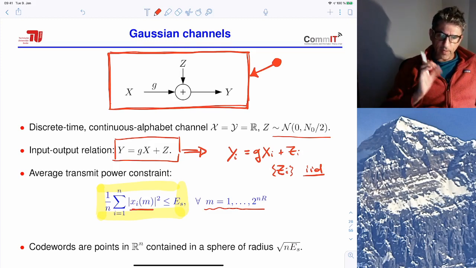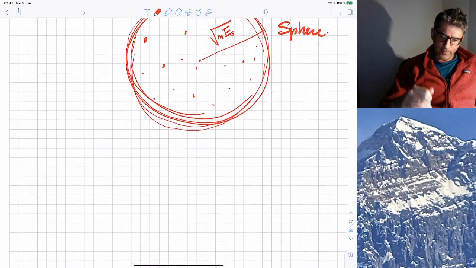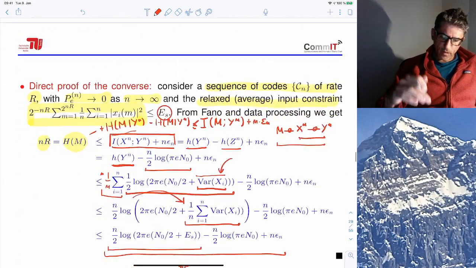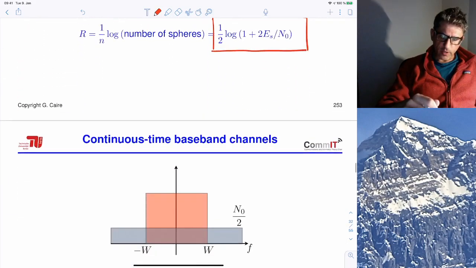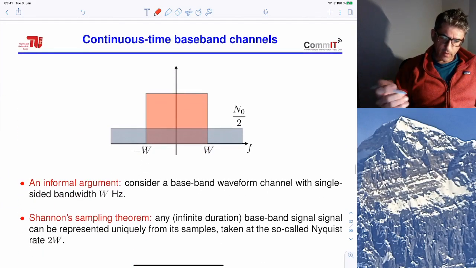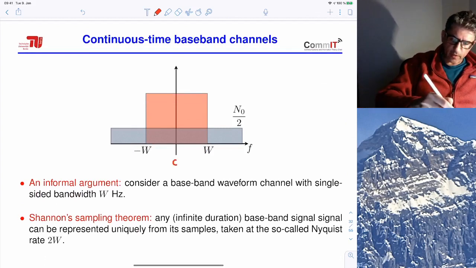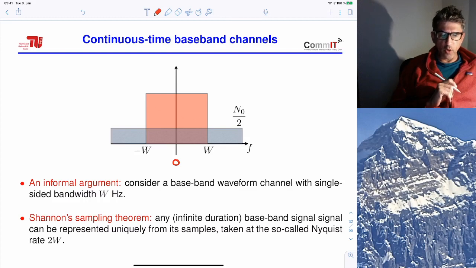Now we can relate this discrete time channel to what is called a continuous time band limited channel. In reality, we know that in most communication systems we have a certain channel bandwidth. For example, the bandwidth may be located around the zero frequency, and then we call it a baseband channel.